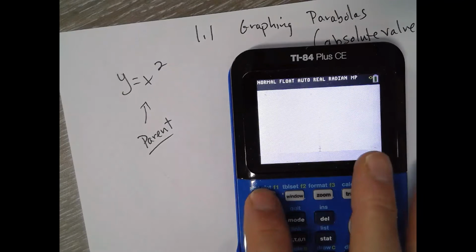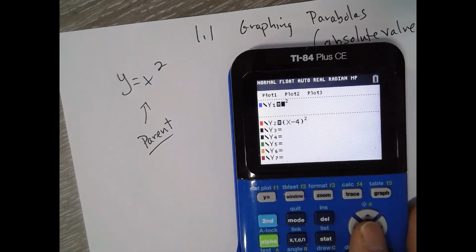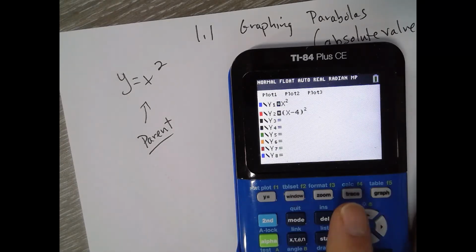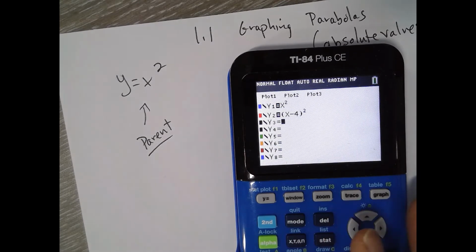If we have an x minus 4 in parentheses for a parabola, and that shifts it right 4, that's also going to move a cubic to the right 4. A cubic is when it's to the third power, not second power. And it's going to move an exponential to the right 4. So that's going to be consistent with all types of graphs. It's going to move an absolute value to the right 4.